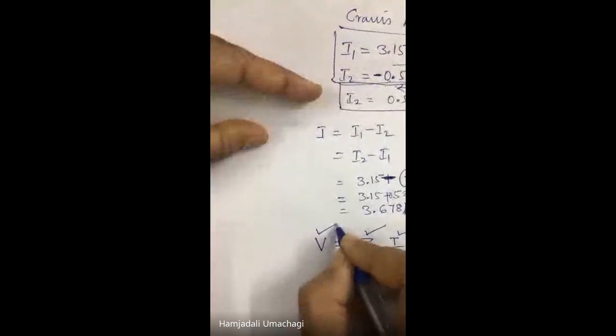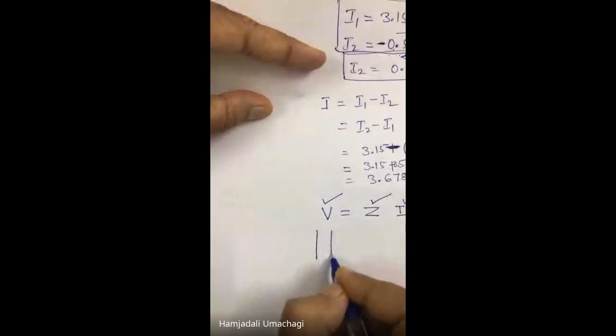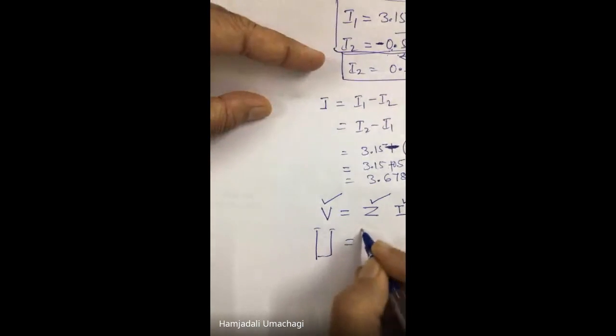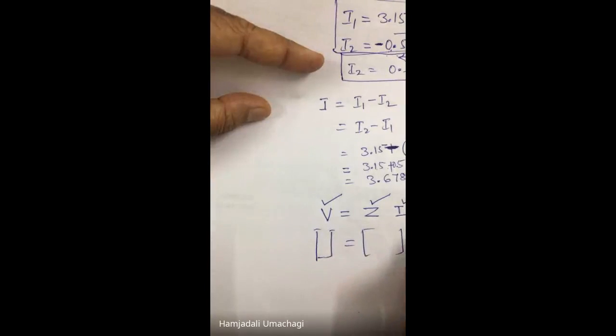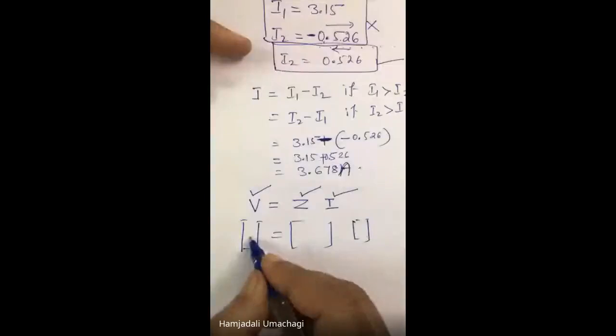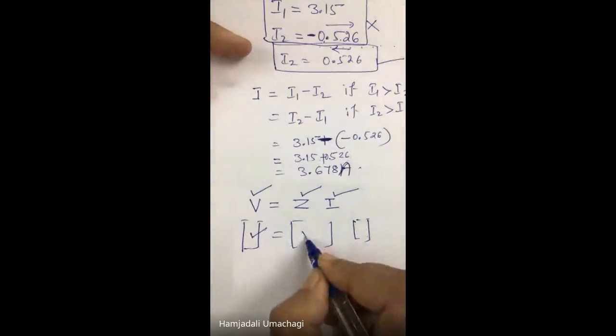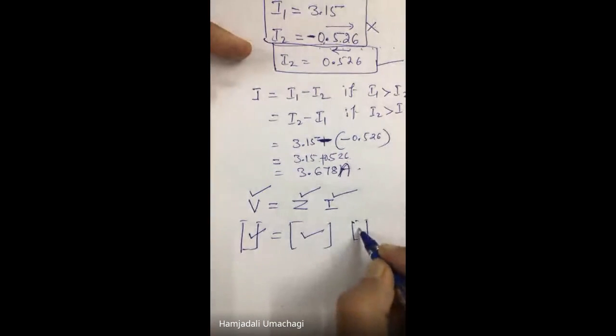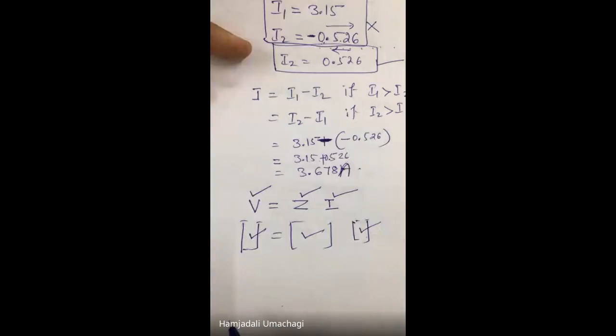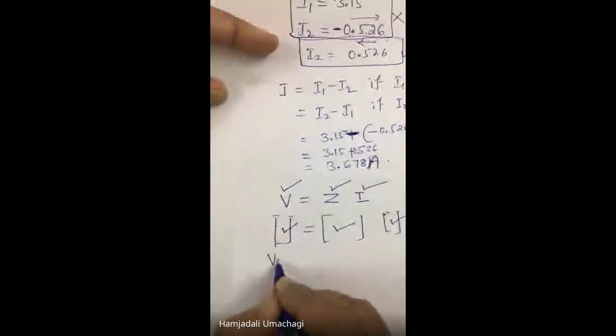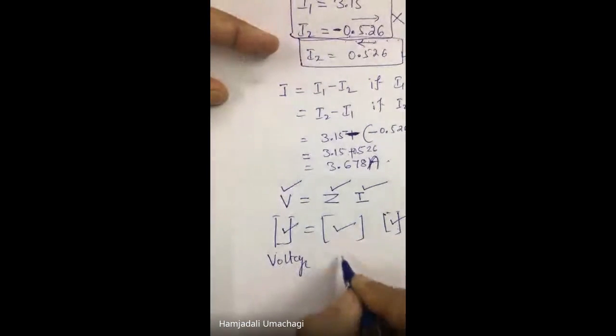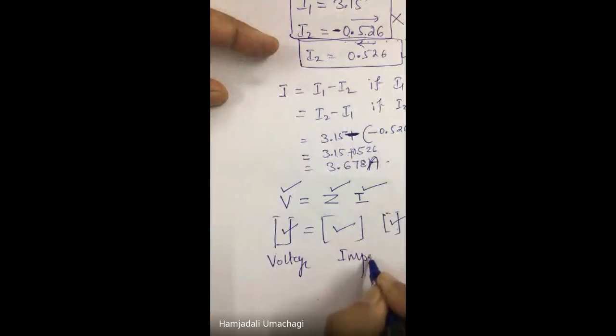This is the voltage vector, a column vector or column matrix. This is a square matrix, and this is also a column matrix. This is known as the voltage vector, and this is known as the impedance matrix.